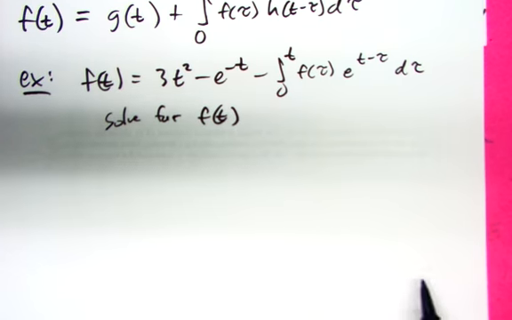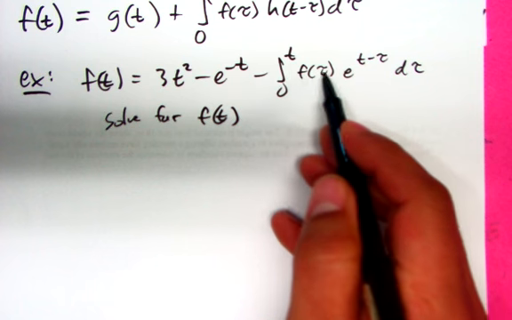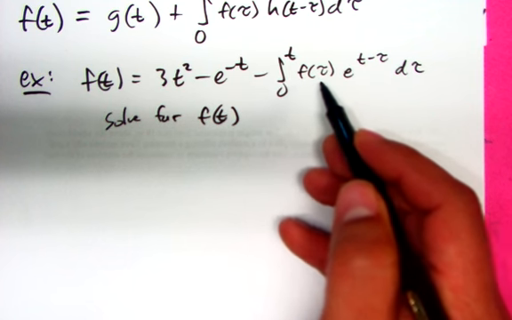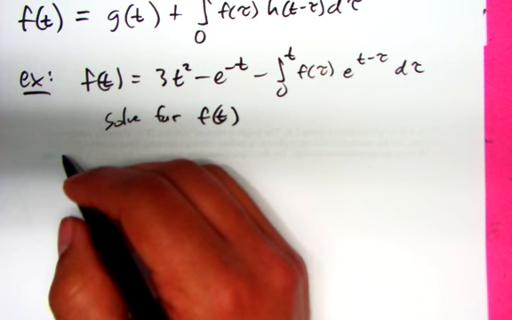Honestly, we would be done, except for the fact that we have f as part of the integrand here. So that's why we have to take the Laplace transform of everything.